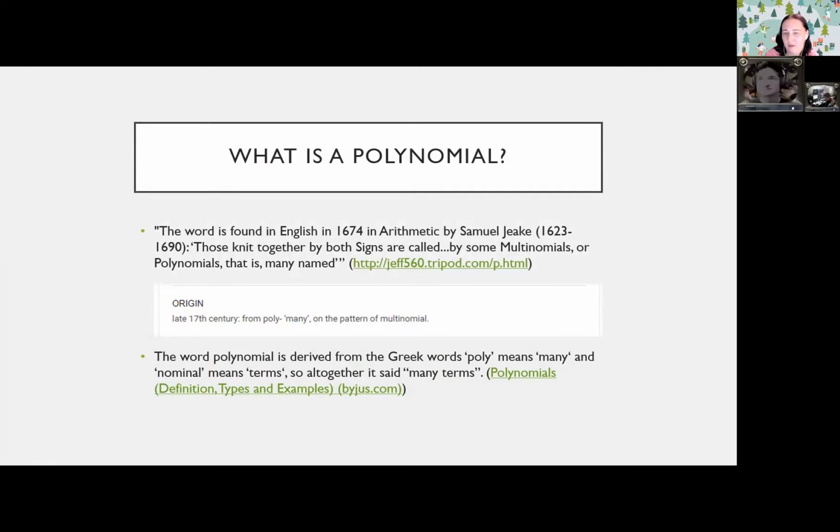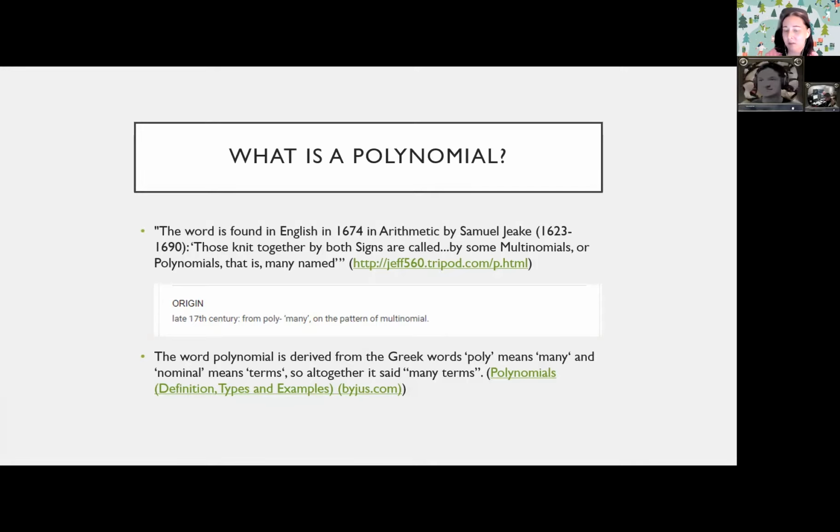And this is, I looked up, I forget what the picture comes from, one of the online dictionaries. And so it basically had the same sort of origin, same time. The word poly is Greek. Usually our math words are coming from Latin or Greek. So this one comes from Greek, which means many. And then the nominal part is actually Latin. So it's like they combine Greek and Latin.